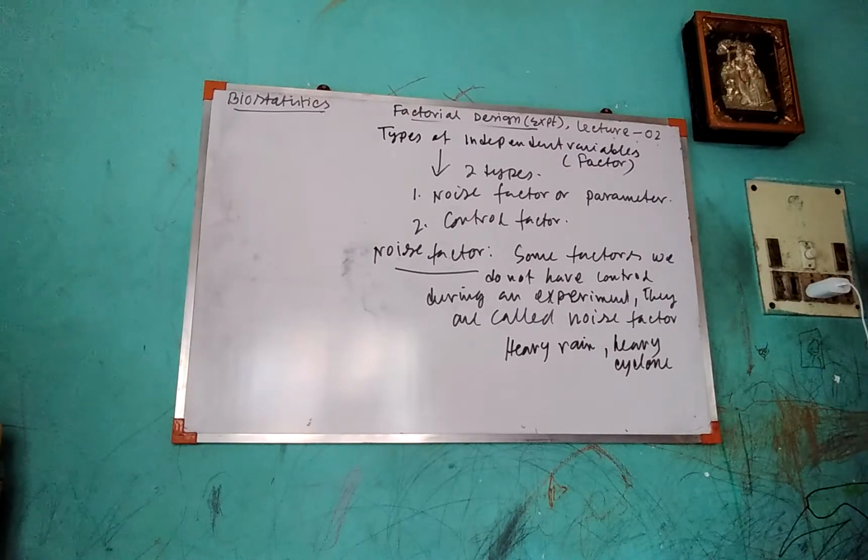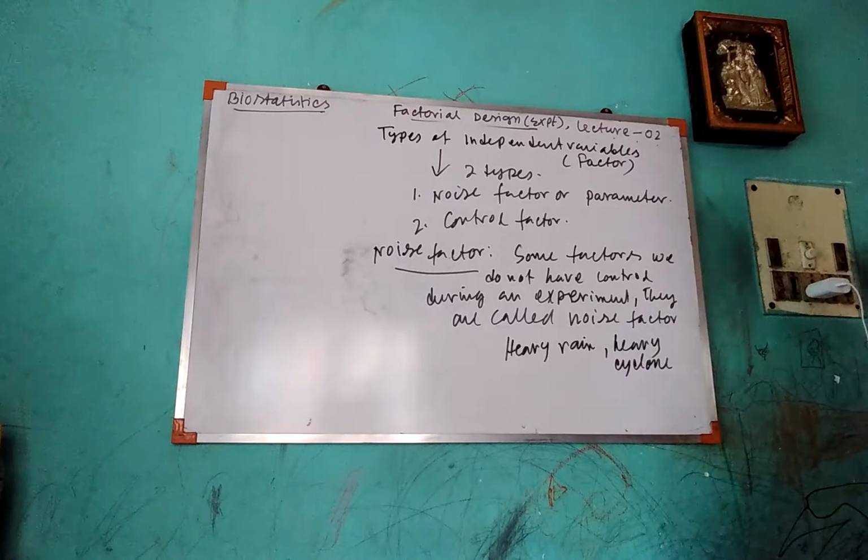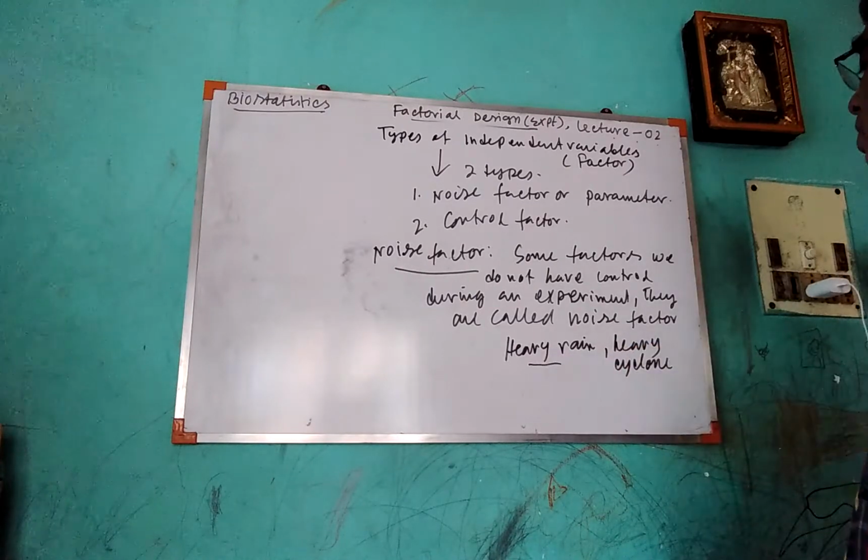This factor causes damage to the yield of crops. That is heavy rain and heavy cyclone.